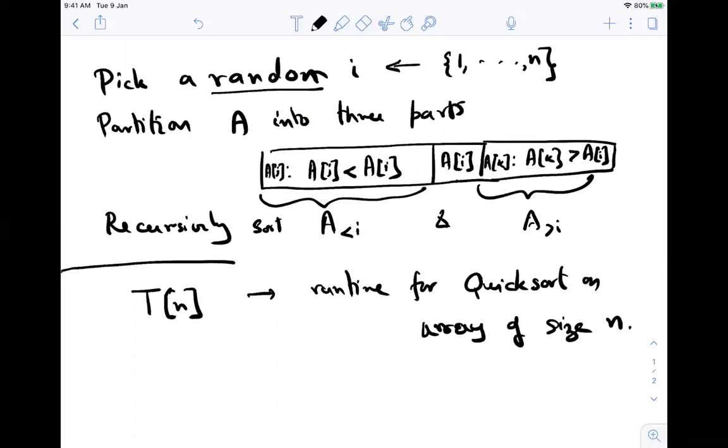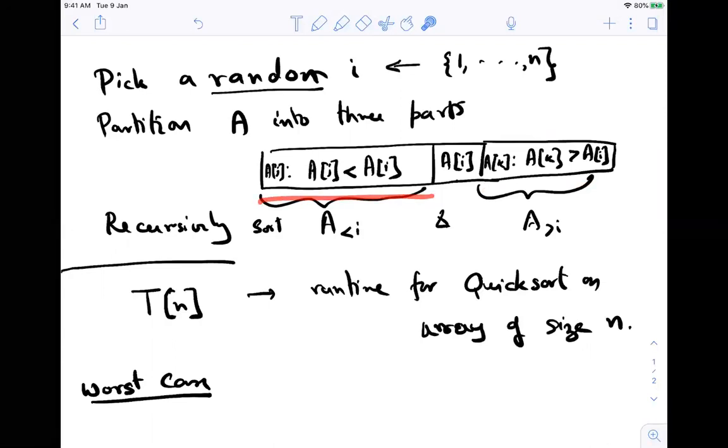Right. In the case of the worst case, the issue is that these two arrays need not be half and half, right? They can be, in the worst case, very skewed. One of them can be 1 and one of them can be n minus 1, then n minus 2 kind of stuff, right?